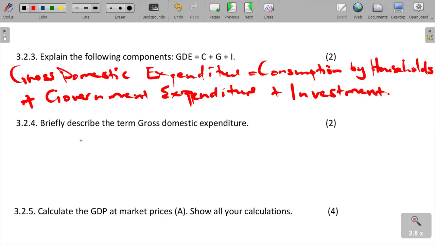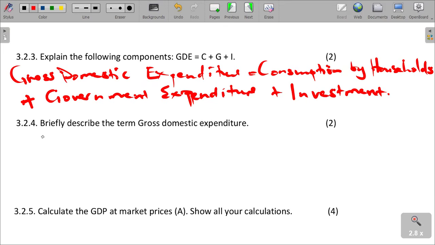Briefly describe the term gross domestic expenditure. It indicates the total value of spending originating within the borders of the country.